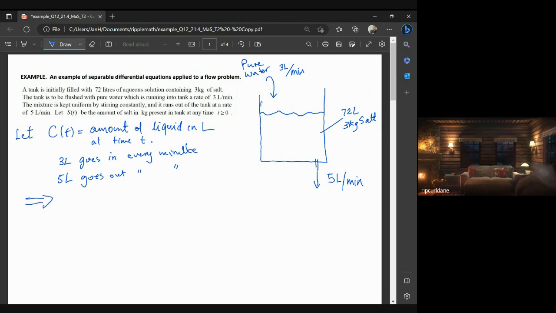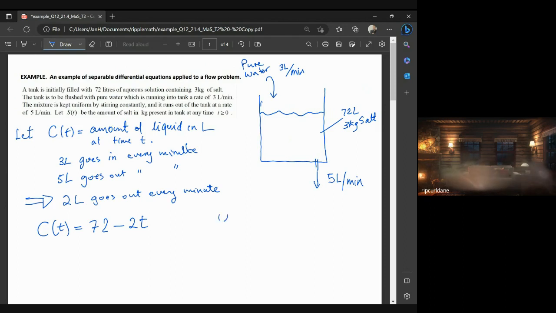So the net is that 2 liters goes out every minute. So we've got ourselves an equation for the capacity. It starts at 72 liters, and every minute 2 liters leaves the system. We'll call that equation 1.